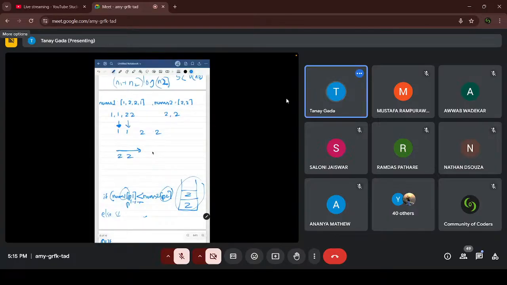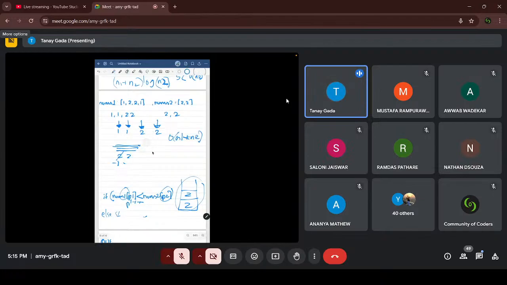Then we again increase this and check. Again at this index, we check, is there a 2 or not? If there is a 2, we add to the answer and make it -1. Again we move to this, we see 2, we iterate from the start. If there is a 2, we make it -1 and add to the answer. The time complexity would have been O of n1 into n2, right?